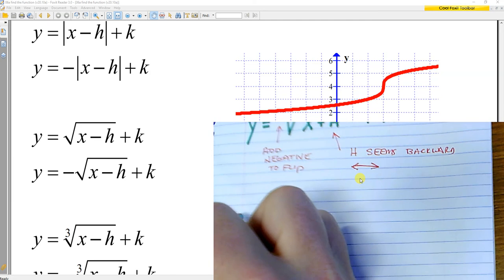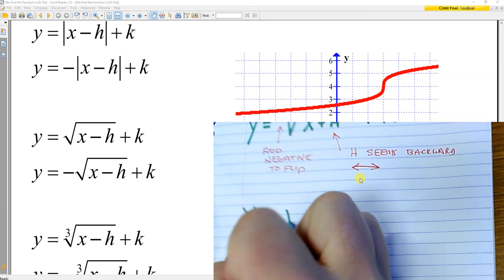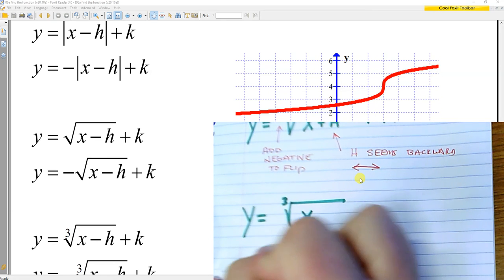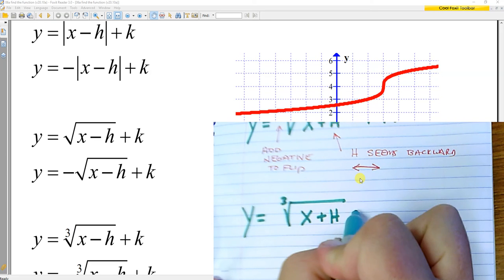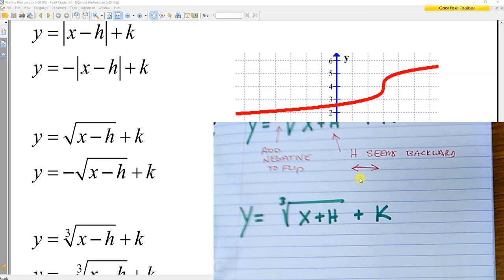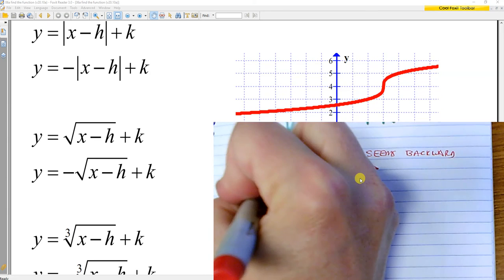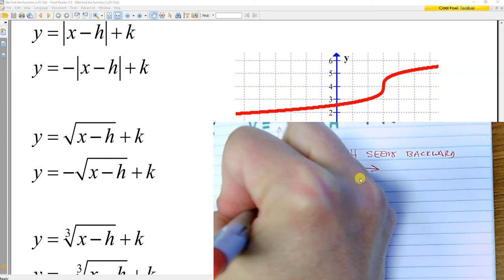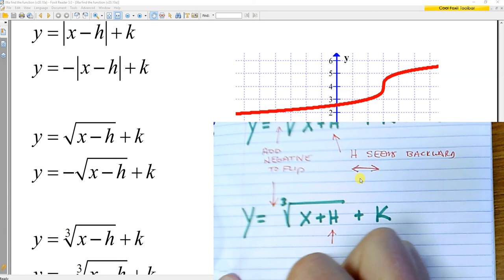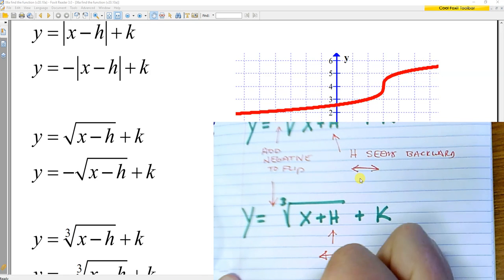So we have y equals the cube root of x plus h, this is going to seem backwards, plus k. Remember, I can add a negative if I need to flip this over. This piece right here handles the left, right, and is going to seem backwards.